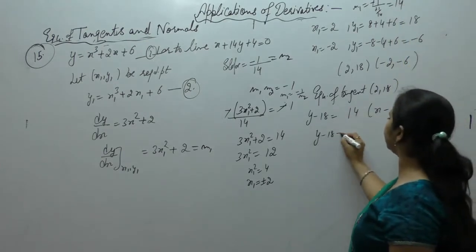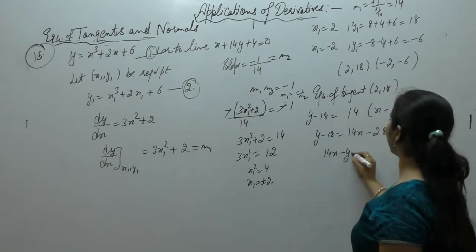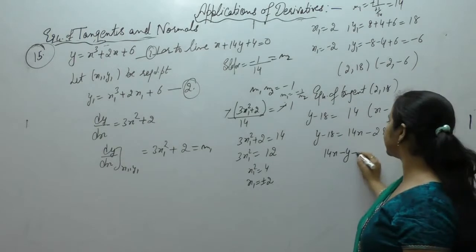So y minus 18 equals 14 times (x minus 2), giving 14x minus y minus 28 plus 18.